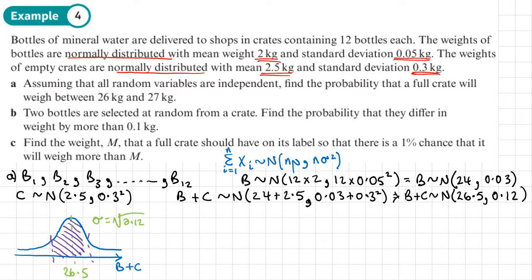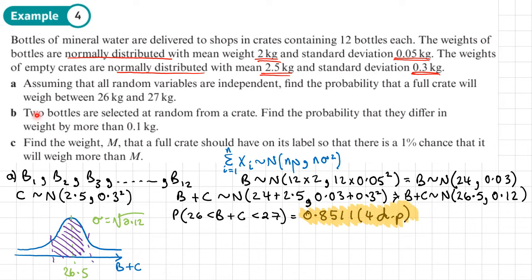So we'll just write that down. The probability that B plus C is greater than 26 and less than 27, using our calculator, we get 0.85108. So we'll call that 0.8511 to 4 decimal places. Okay, so that's part A.